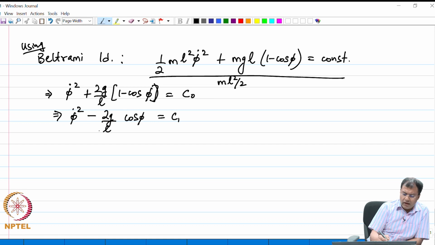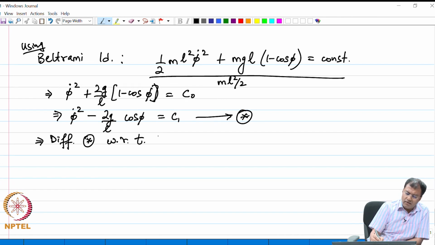So, now to solve this particular equation, we first differentiate this equation with respect to our independent variable t. Let me call this star. We differentiate star with respect to t, and we see that the following solution exists.